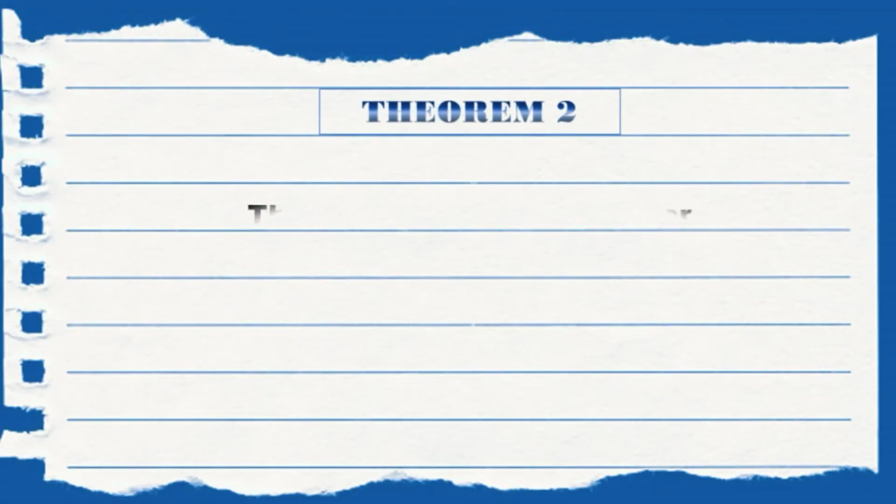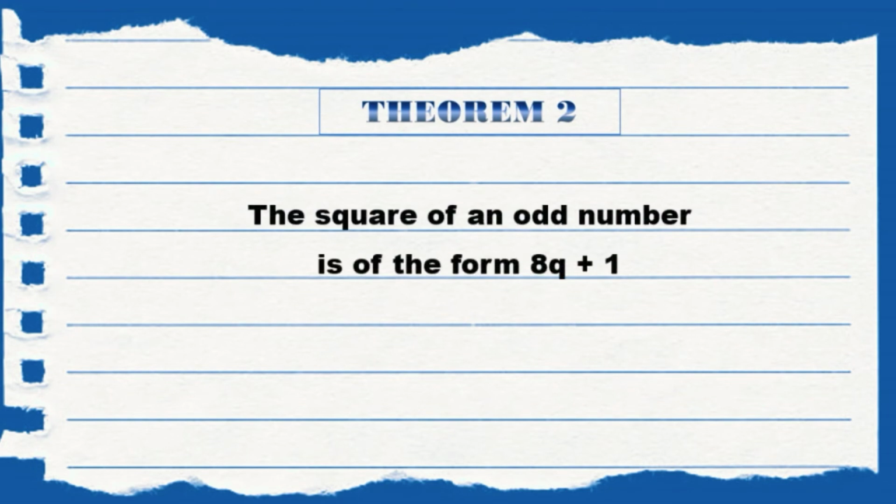Theorem number 2 states that the square of an odd number is of the form 8q plus 1. So for 25, we have 8 multiplied by 3 plus 1.